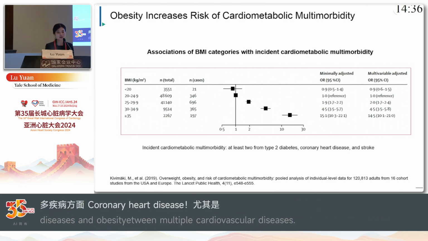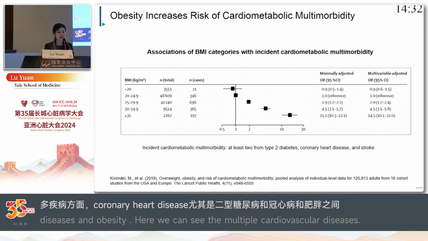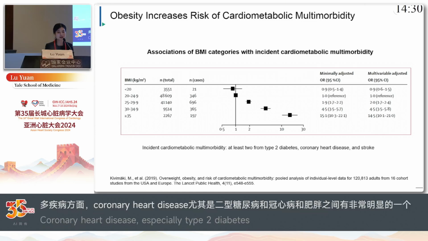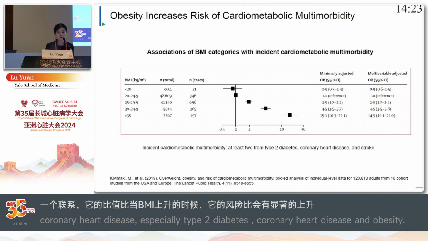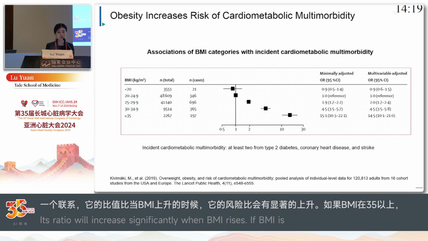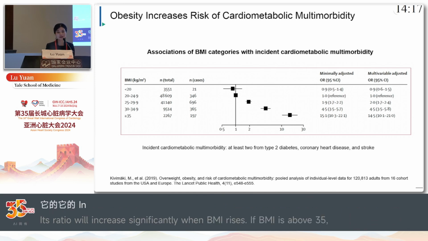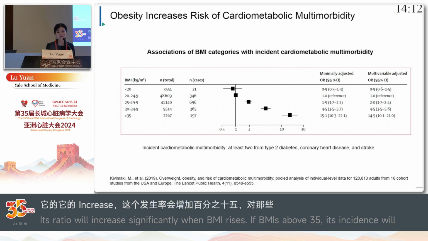And this is showing the hazard ratio for BMI. We can see that as BMI increases, the hazard ratio substantially increases. For those who are extremely obese with BMI greater than 35, there's 15-fold. The odds ratio is 15.1, meaning they have 15-fold increased risk compared to those with normal weight for the cardiometabolic multimorbidity.